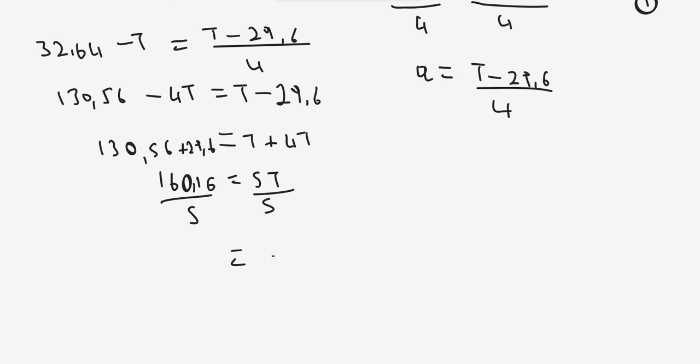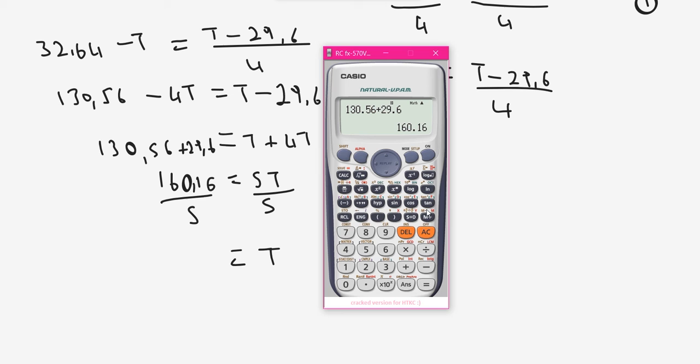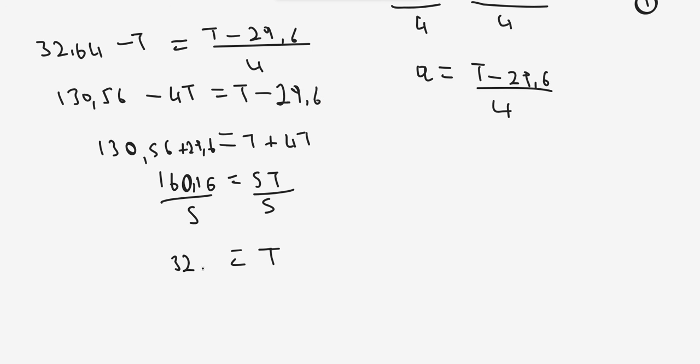So our T is equal to 160.16 divided by 5, which is 32.032.